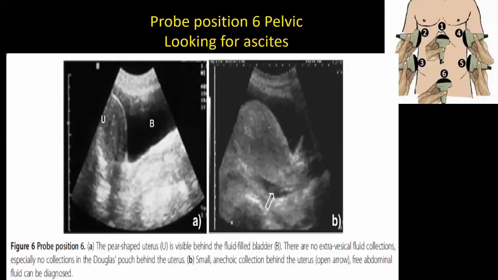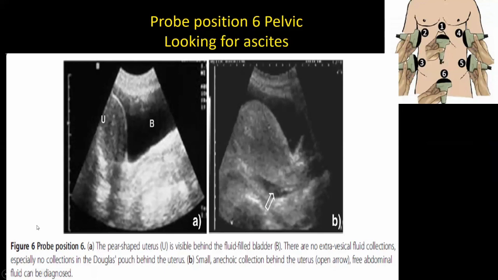Okay, and then for position 6, this position we know very well, we're looking for ascites. So we place the transducer on the symphysis pubis, in the longitudinal, and then also in the transverse, and we're looking deeper than the pelvis.